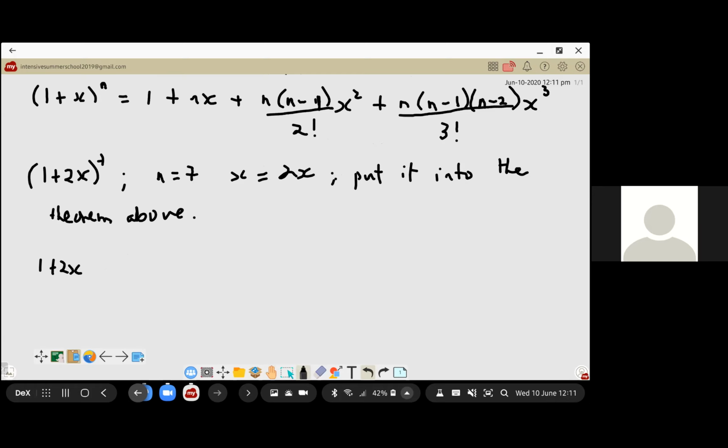I have a question. Sir, please, it's a positive integer. Why are you using this formula for it?